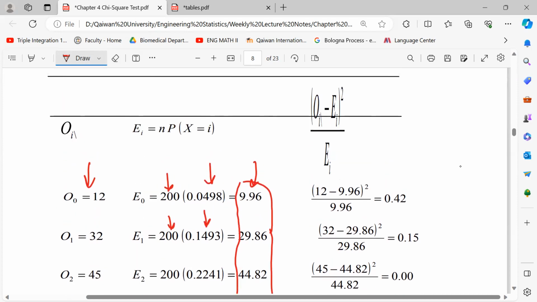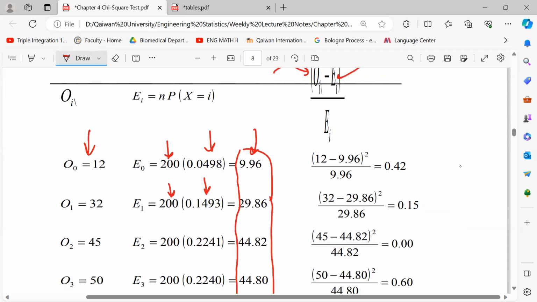Now we can find (Oi minus Ei) squared divided by Ei. This column depends on this one and this one. We have them both. This one minus this one, squared, divided by this one.